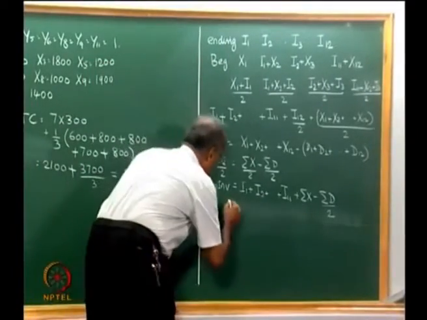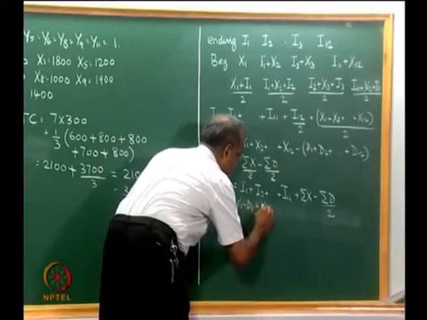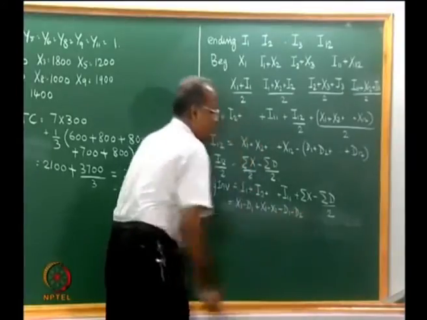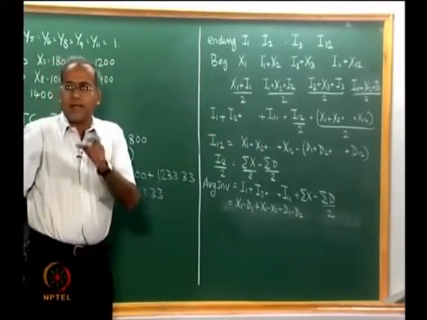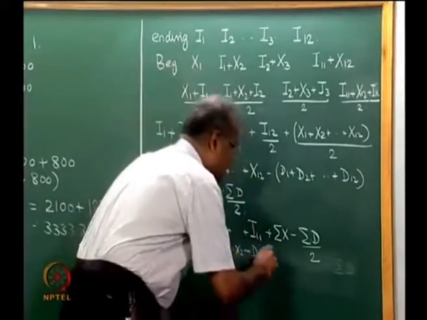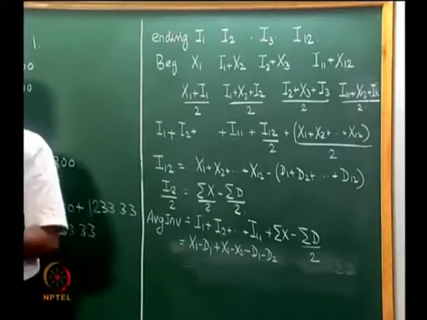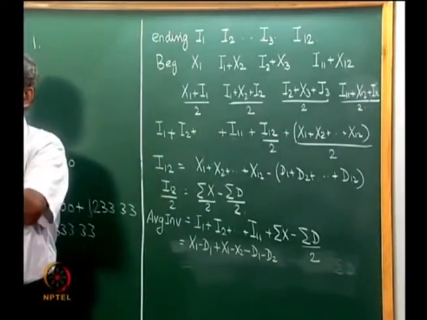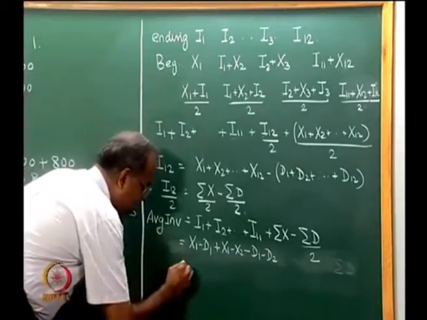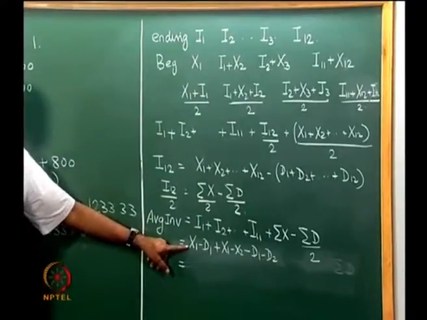So, this will become x1 minus d1 plus x1 plus x2 minus d1 minus d2. We get up to 11 terms, so the 12th term will not be there. The 11th term will be x1 plus x2 up to x11 minus d1 minus d2 up to minus d11. On simplification, x1 will come 11 times.